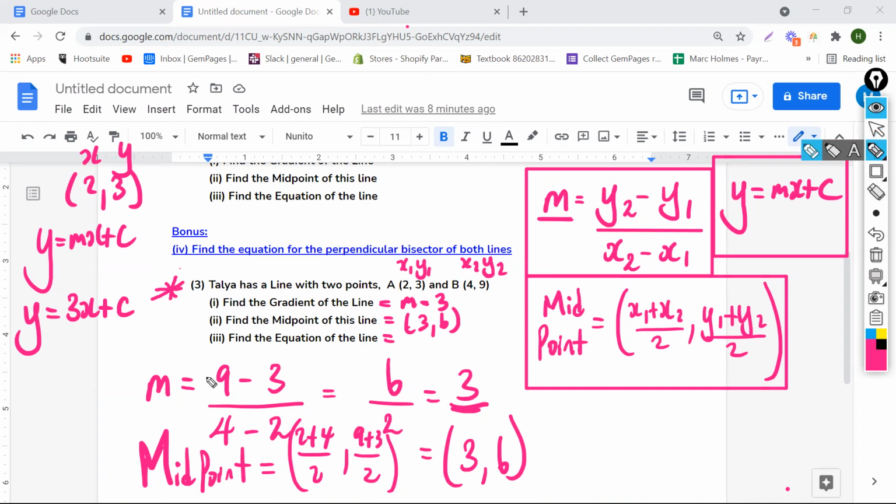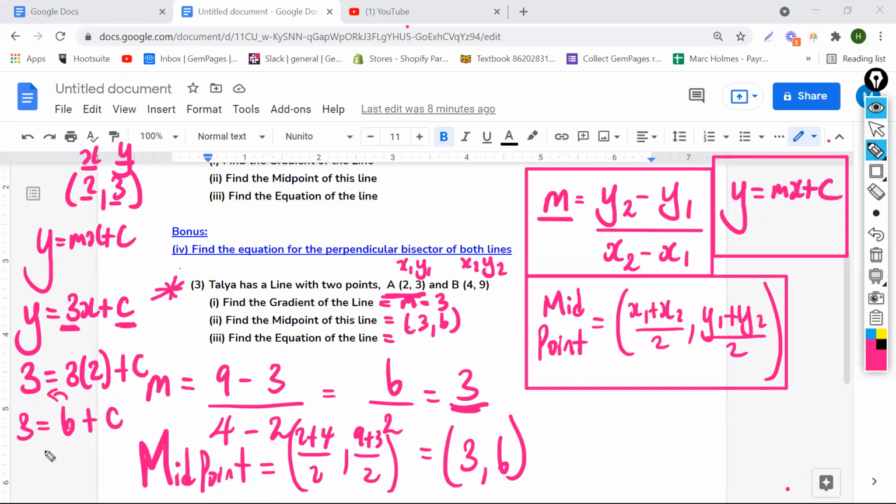So yes, guys, y is equal to mx plus c. m is the 3, which is the gradient, and we can use any point on the line to find the c. We're going to always use the first point, just use A. Always use your first point, which is 2, 3. So 2 is the x and 3 is the y. We're going to say 3 is equal to 3 times 2 plus c, and we get 3 is equal to 6 plus c.